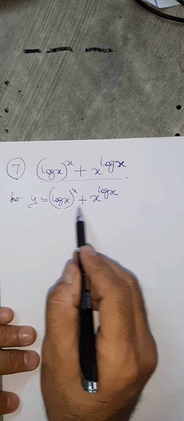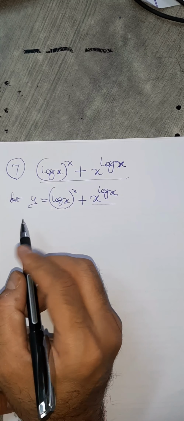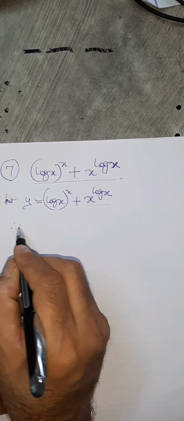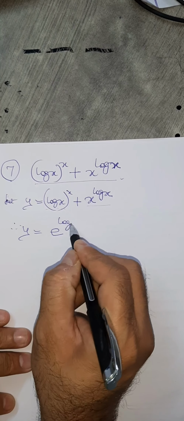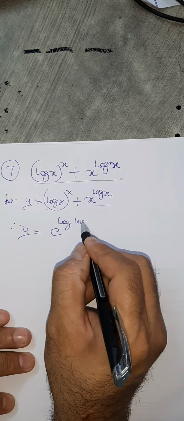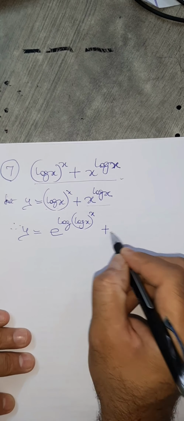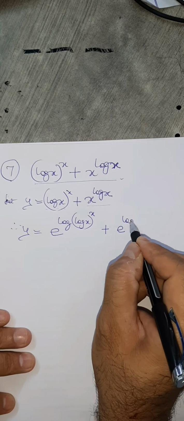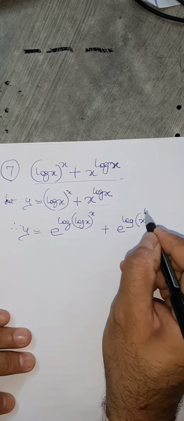You can call this u, this v, as I explained. Or you can use that e concept. So I'll use that e concept here. y equals e raised to log of the given expression, that is log x the whole raised to x, plus e raised to log of the given expression, that is x raised to log x.